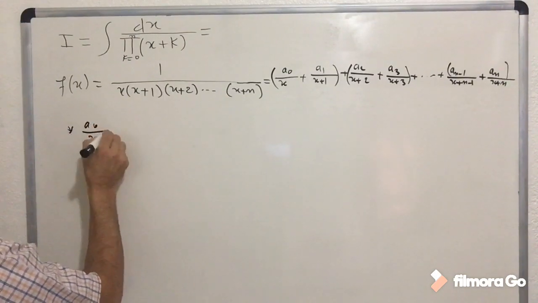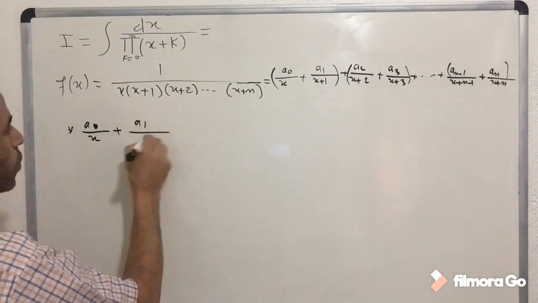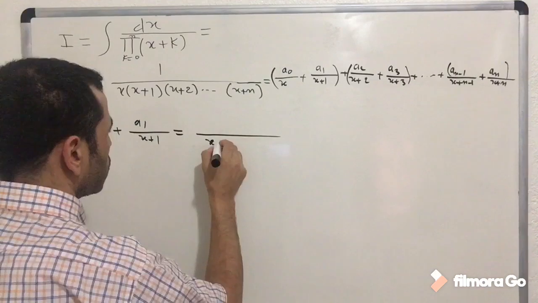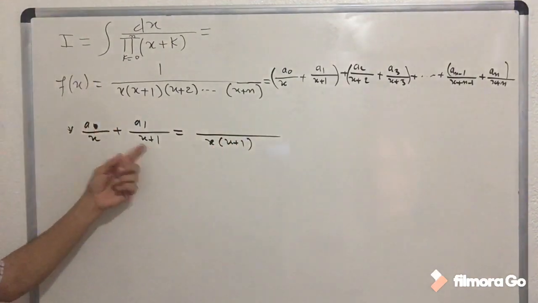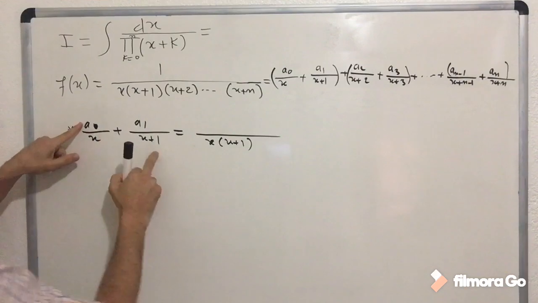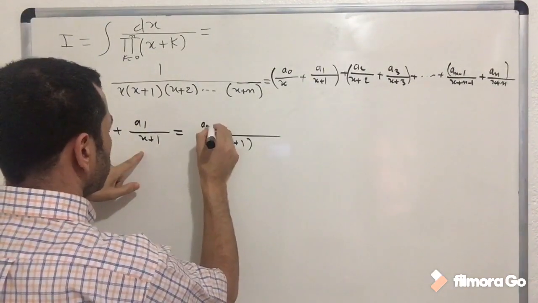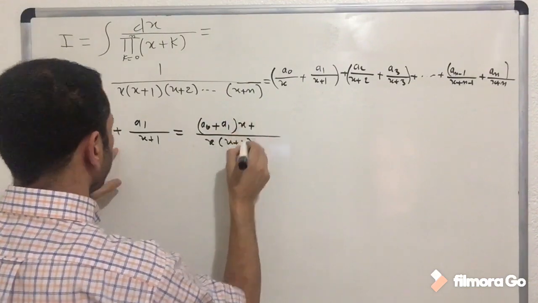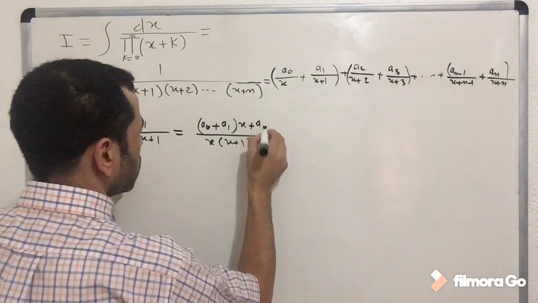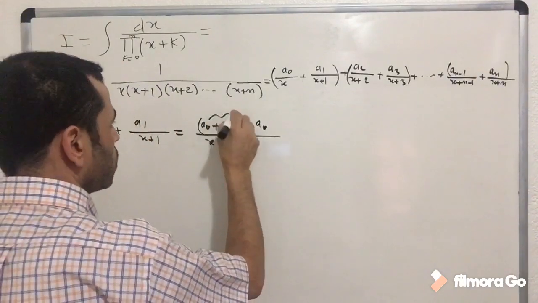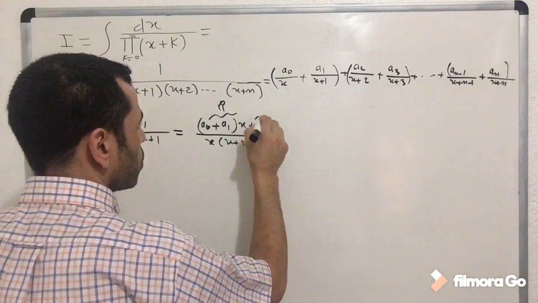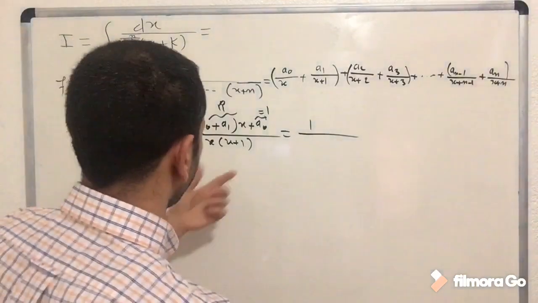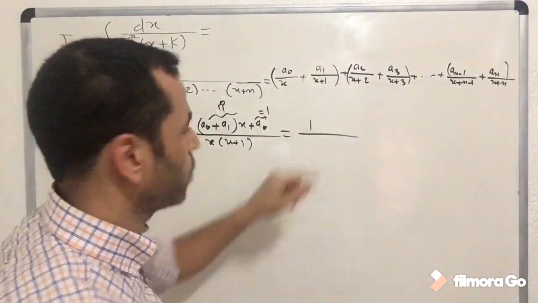Okay, let's begin with the first one. a0 over x plus a1 over x plus 1 gives us the product of x and x plus 1. Let's multiply: a0 times x plus 1 gives a0 plus a1, the whole thing multiplied by x, plus the little one, a0. So this one has to go to 0, and this one has to get to 1, in order to get 1 on the top. That's the purpose, how to get the 1 on the top.